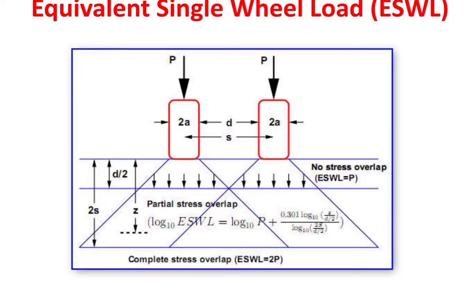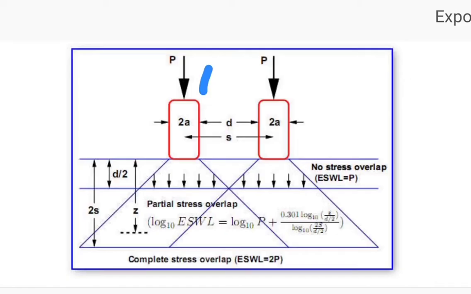Here we can see the arrangement of stress overlap due to dual wheel loads. The red color we are observing, these two tires, is nothing but the dual wheel assembly. Whatever small d we have mentioned, ideally it is a very small distance when compared to the diameter of the tire, right? Here we can see the load distribution. P load is coming to the wheel.